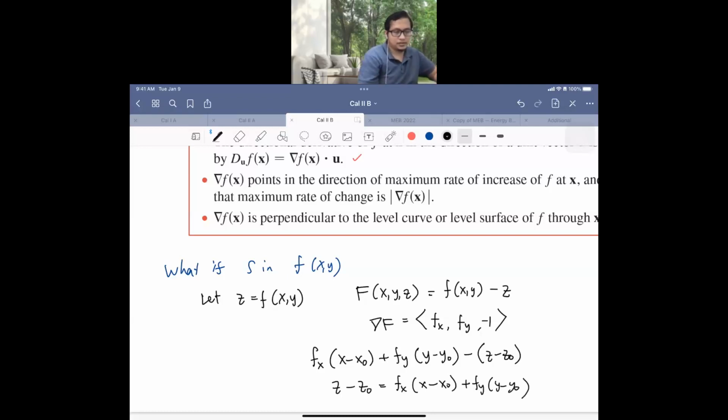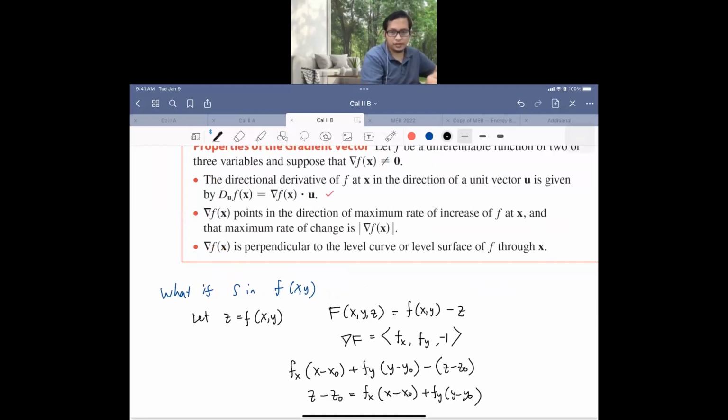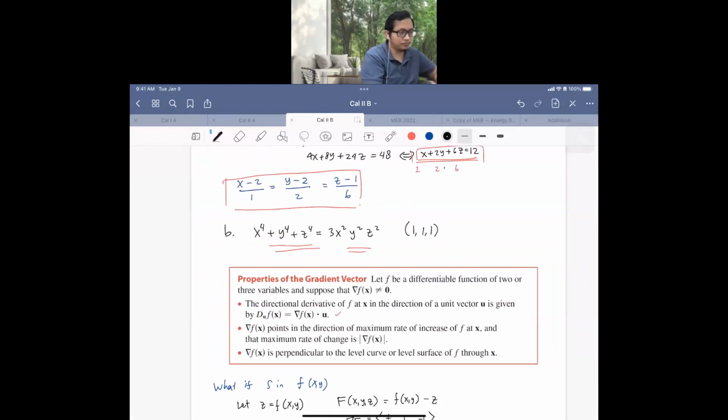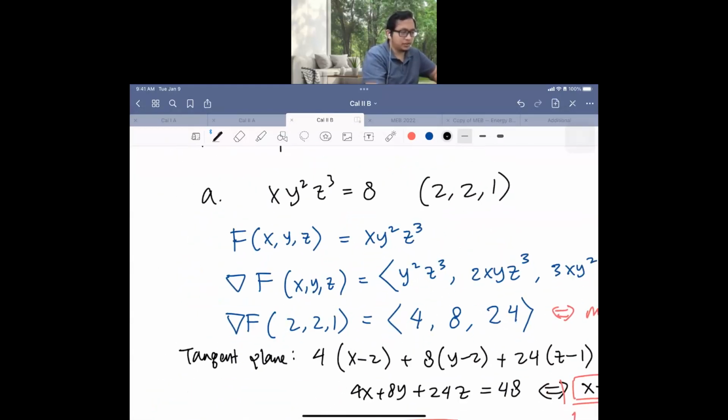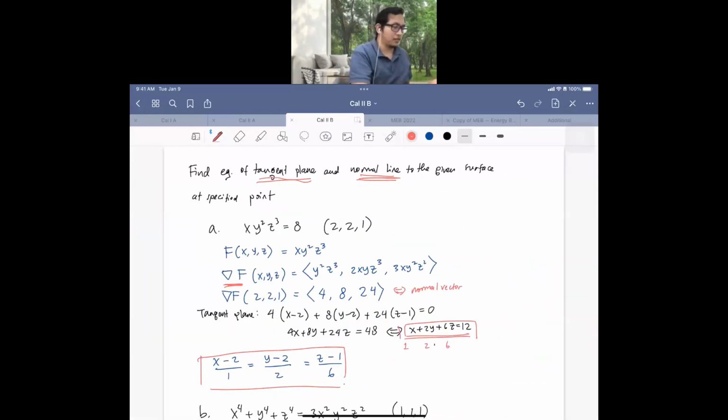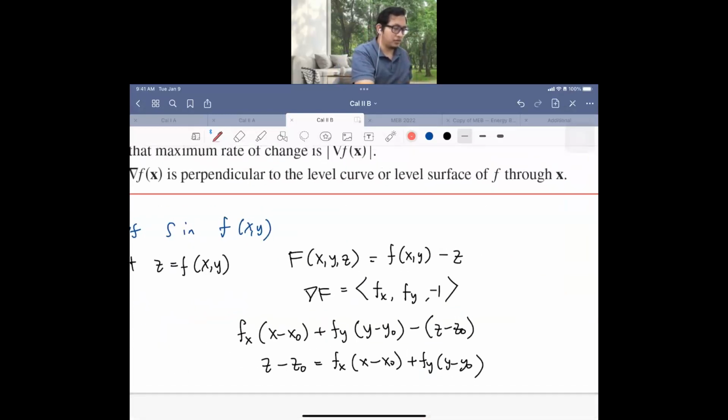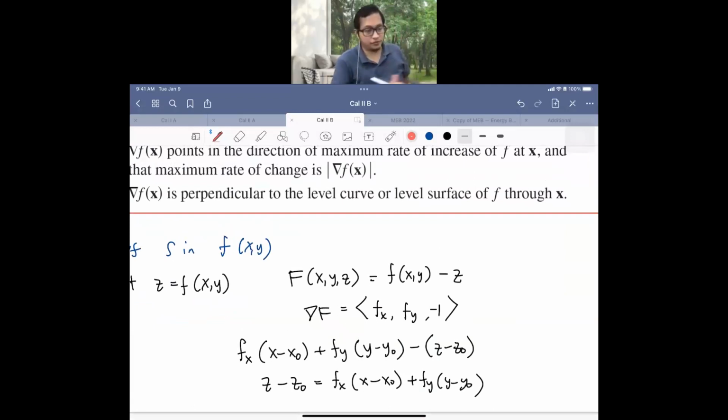So basically what I'm doing here is to show you that what we did here using this gradient vector is much more global. So you can use this for any situation, as long as you can define which one is the function and which one is the level surface. Okay. So we are going back to what we have in 14.4, right? Same structure.